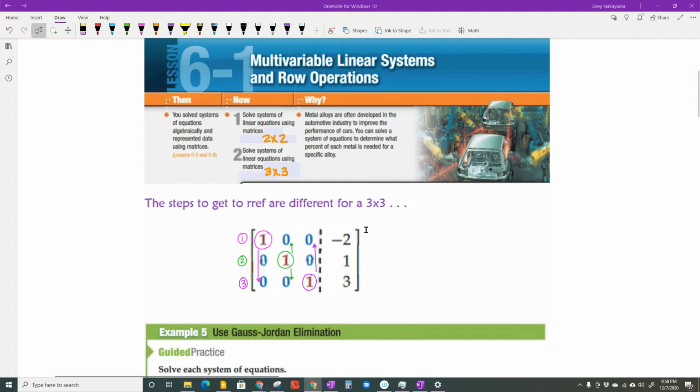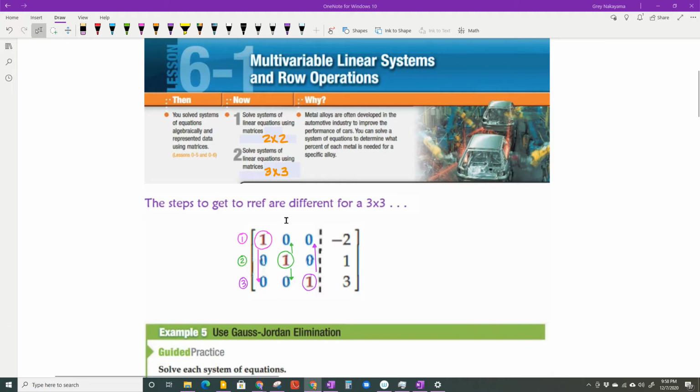So I'm trying to simplify it as much as possible here, give you a little bit of flexibility when you do it. So this is what this little diagram means. The first step is you want to get a 1 in that spot right there. Think of it as columns. So you get a 1 and then you get a 0 in the other places in the first column.